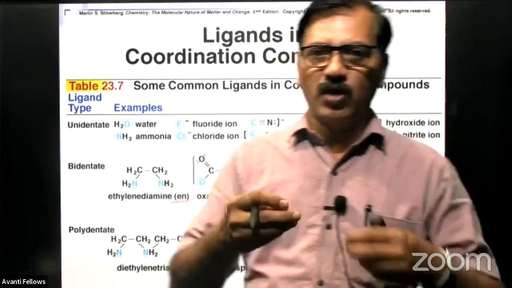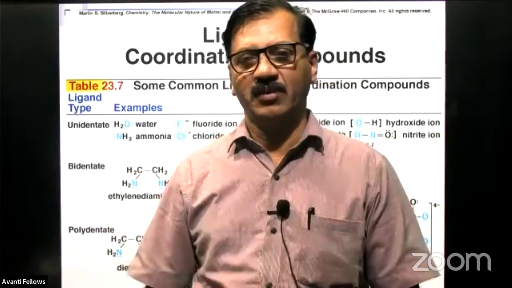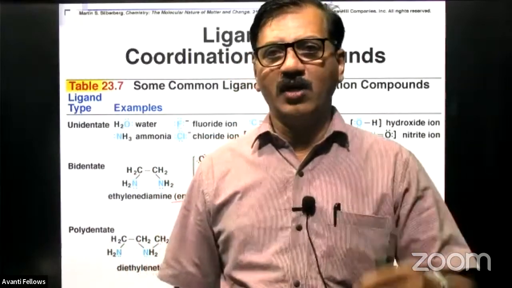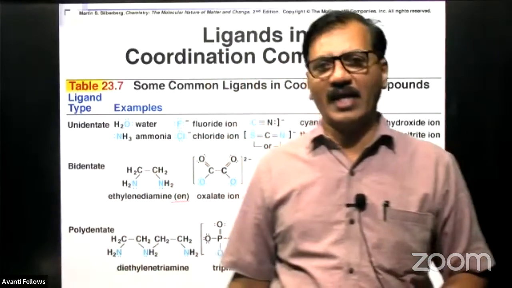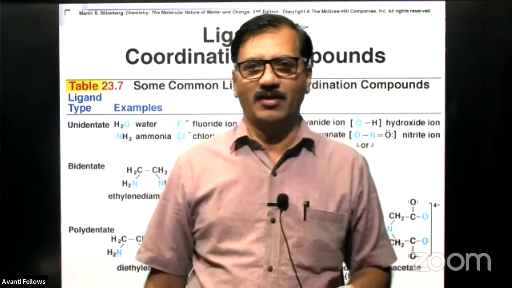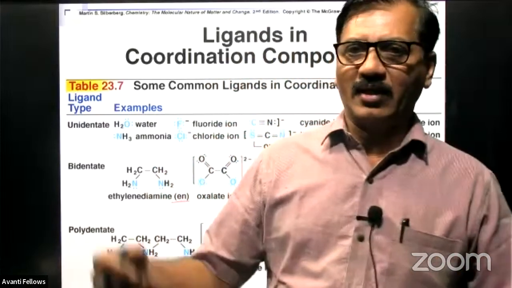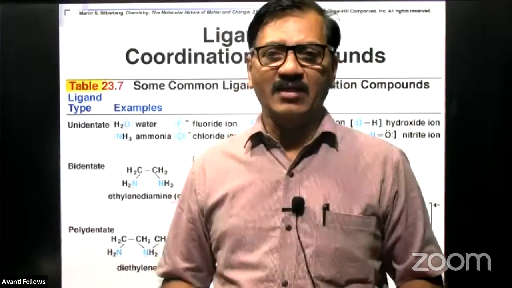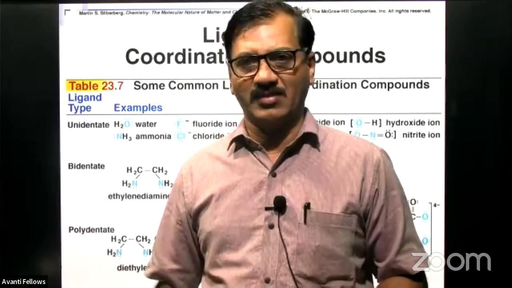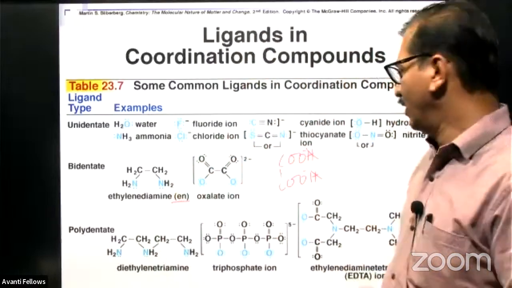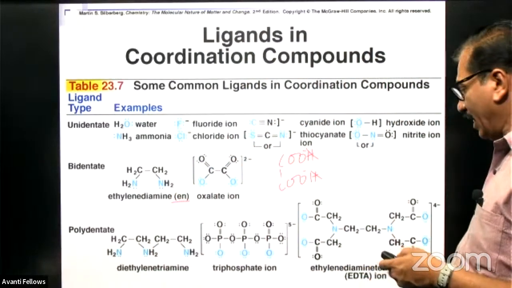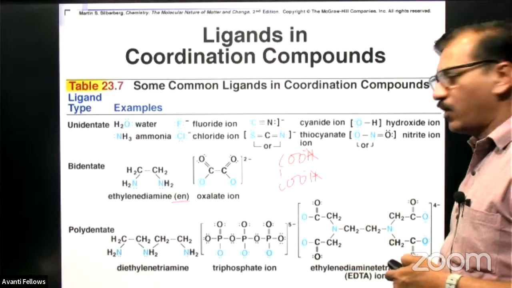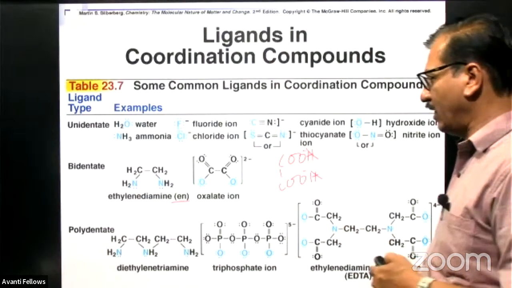A chelating ligand forms a ring-like structure, right? So that it will hold by different hands, just like an octopus. An octopus has more tentacles and it can catch. In the same way, if it is a chelating ligand, the stability of such complexes increases. So EDTA is such a kind of chelating ligand, right?